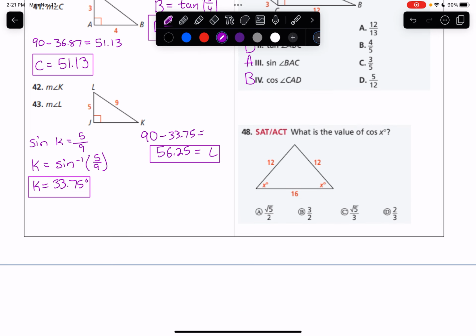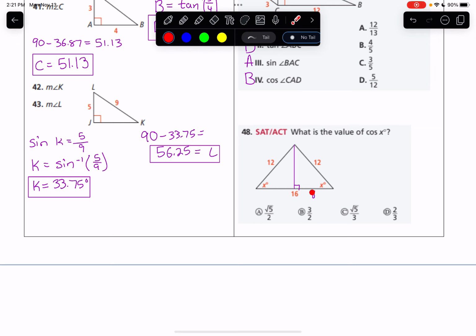And then finally, what is the value of the cosine of x? So I see that this happens to be an isosceles triangle. I don't know that it's an isosceles right triangle, but I do know that if I make the bisector of an isosceles triangle, it ends up being the perpendicular bisector, which does create a right angle. And if I'm standing on x, half of 16 here, that's 8, that's this side. And then the hypotenuse is 12.